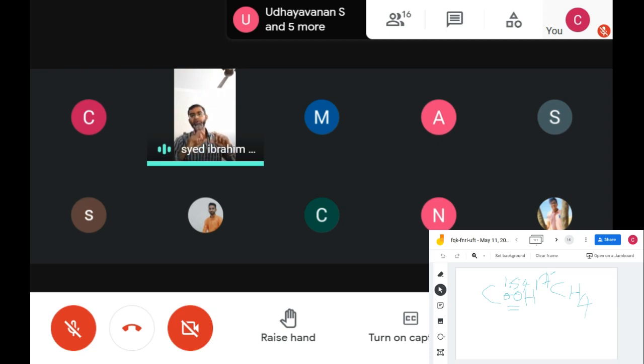It's a covalent bond distance. Whereas the hydrogen bonding distance will be starting from 2.3 to 3.2 angstrom units. So remember the hydrogen bonding distance.